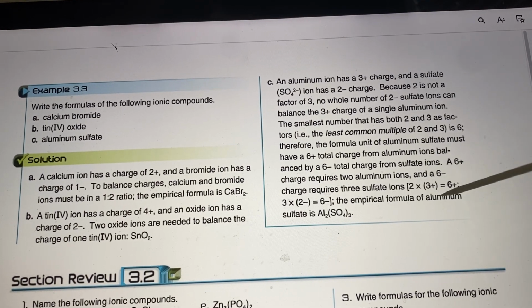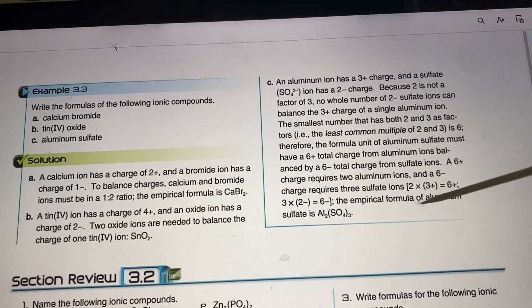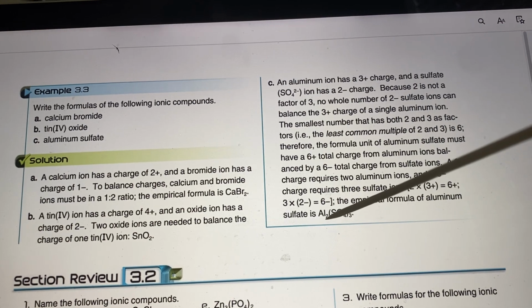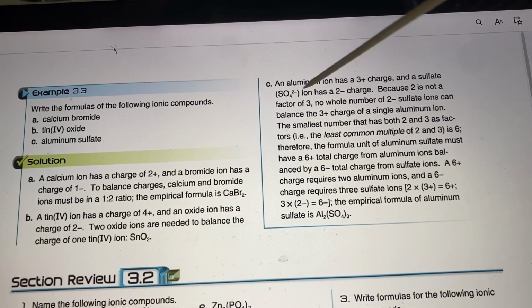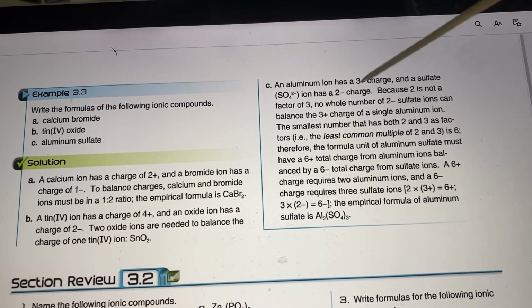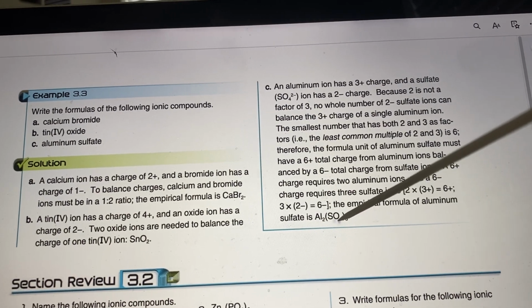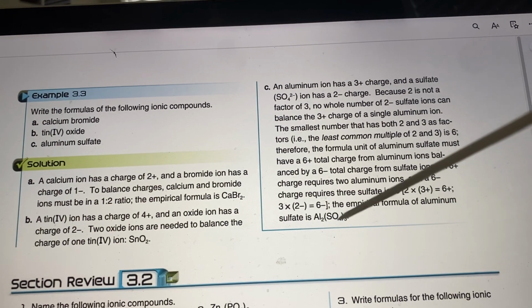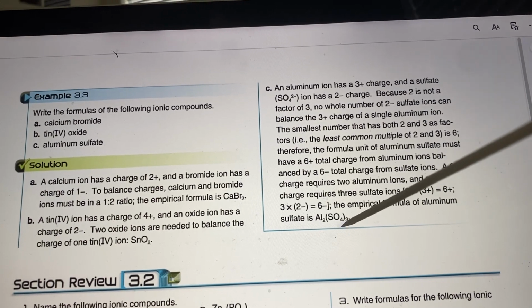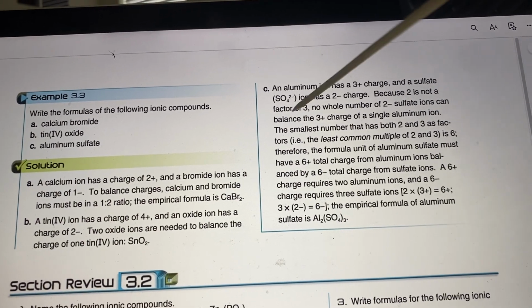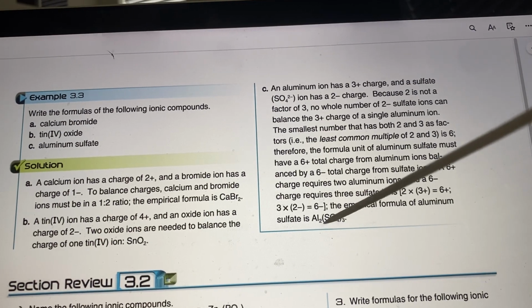So the empirical formula has to be aluminum. We're going to take 2 aluminums, which have a 3 charge, so 2 times 3 is 6. Then we need 6 negative charges, and there's only a 2 negative charge on each sulfate, so we're going to need 3 of those.